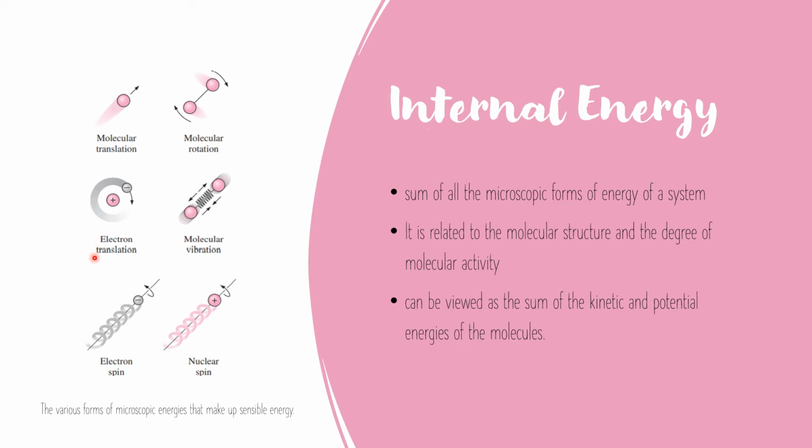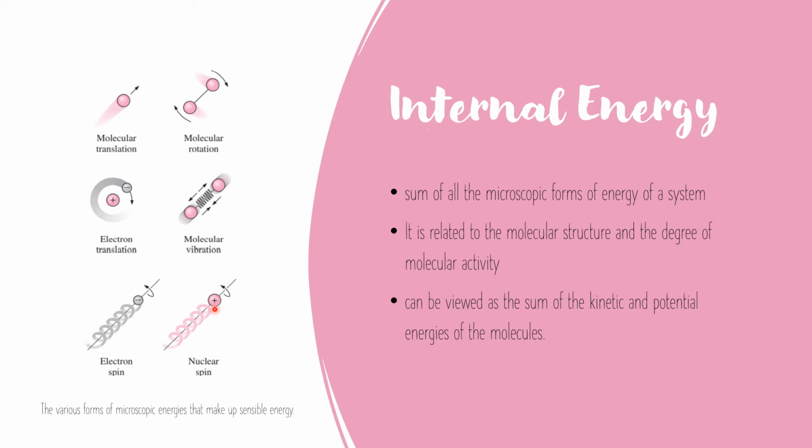While the atoms of polyatomic molecules may also vibrate about their common center of mass, and the energy associated with this back and forth motion is the vibrational kinetic energy. For gases, the kinetic energy is mostly due to translational and rotational motion, with vibrational motion becoming significant at higher temperatures. The electrons in an atom rotate about the nucleus and thus possess rotational kinetic energy.